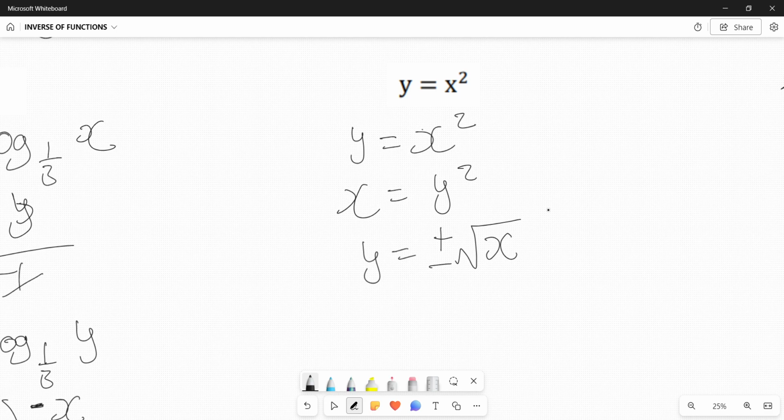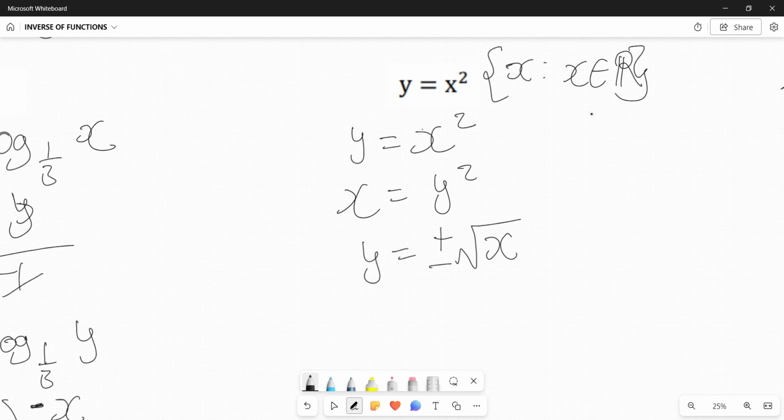So in order for our inverse function to not have that ratio, we have to restrict our domain for our original function. Remember that the domain for this function is the set of all real numbers, right? So now we have to restrict our domain.